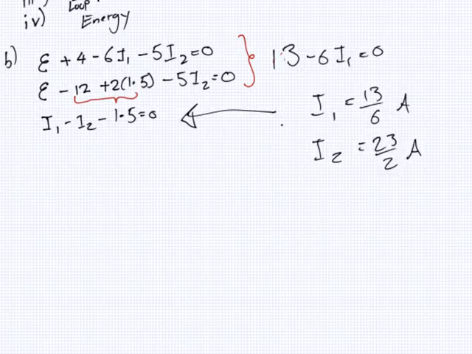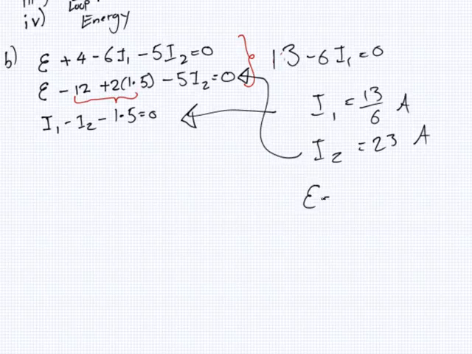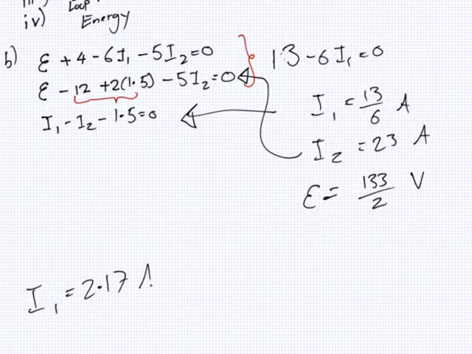And when I put my I1 and my I2 into the second one, I can get E, which will be 5 times I2 minus 3 plus 12. So my E is 133 over 2 volts. That's it. So I1 is 2.17 amps.